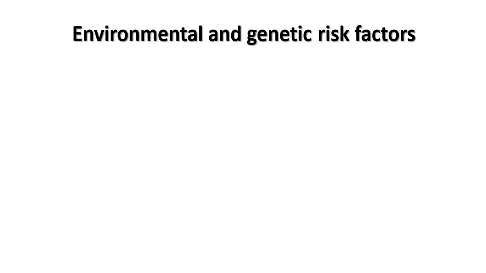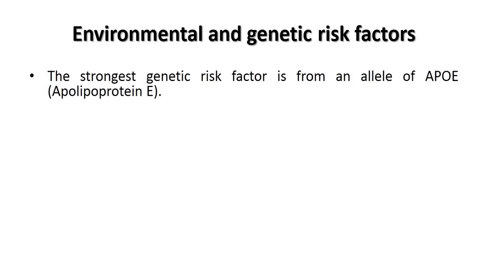There are environmental and genetic risk factors for this disease. The strongest genetic risk factor is from an allele called APOE. APOE stands for apolipoprotein E, a possible MCQ for your examination. Apolipoprotein E is one strong genetic marker.